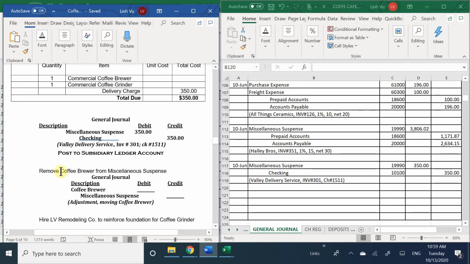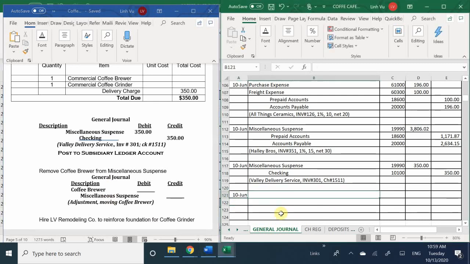Because we're moving it from one account to another, what's the assumption? We're acquiring an asset, right? We're doing a coffee brewer. So that means we're going to be leaving the coffee grinder in the miscellaneous expense because it still needs installation fees as well as electrical work. So we're just going to leave it in miscellaneous expense until it's ready for us to move it completely out. In this case, we're going to move the coffee brewer because the coffee brewer is done.